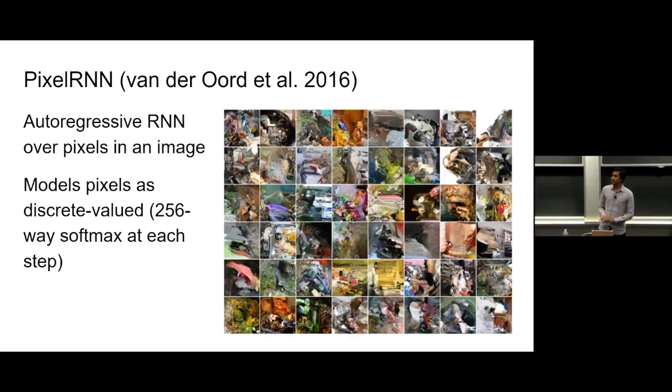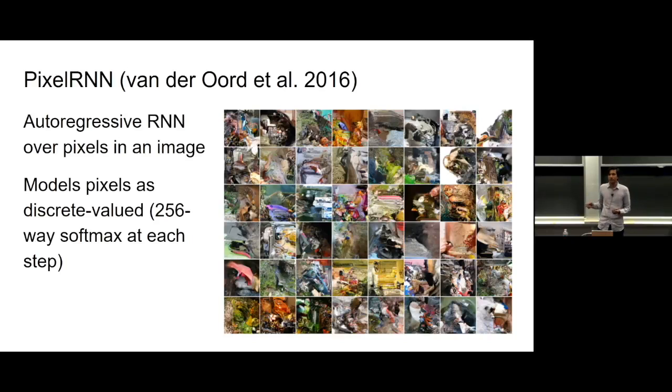But of course, this trick doesn't have to be limited to generating language. We can also use it to generate images. This is some work that's fairly recent called Pixel RNN, where they apply the same idea in 2 dimensions, and they define an RNN language model, basically, that is autoregressive over pixel values in an image instead of over words in a sentence.